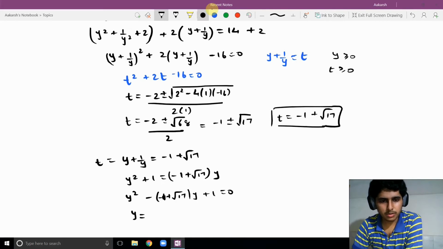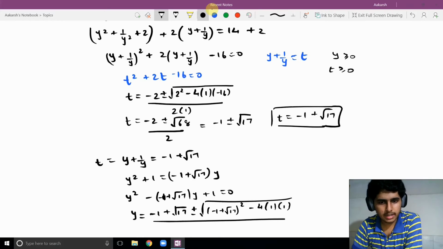Y is equal to minus b. Minus b, this is already, I have a minus and minus of that. So I get minus 1 plus square root 17 plus or minus square root of b square, so minus 1 plus square root of 17 the whole square minus 4 times a times c.